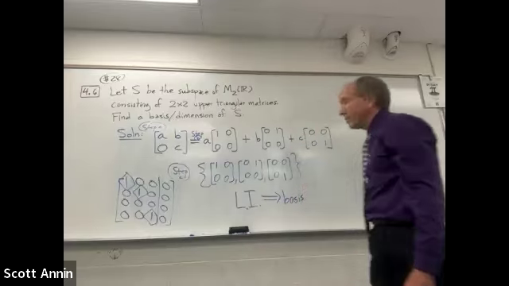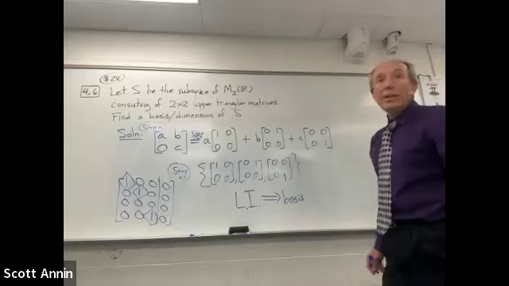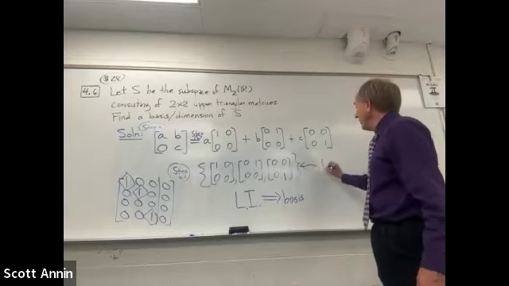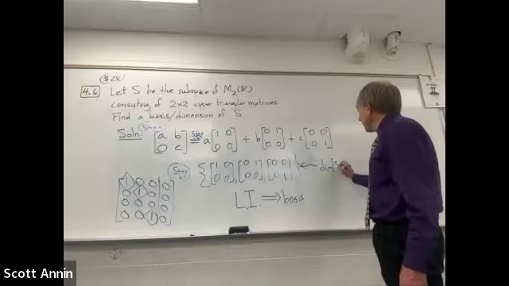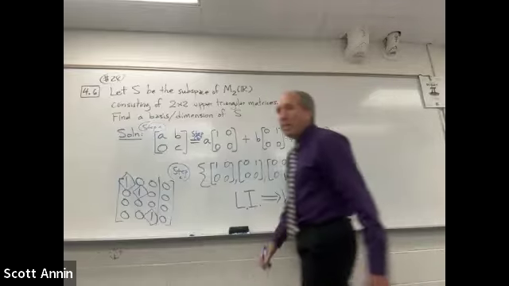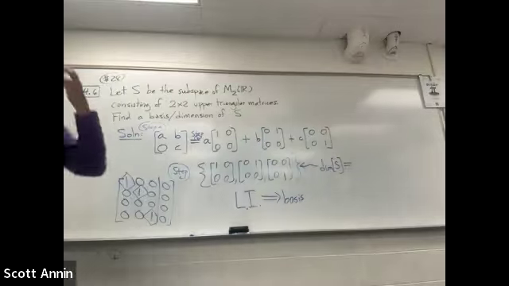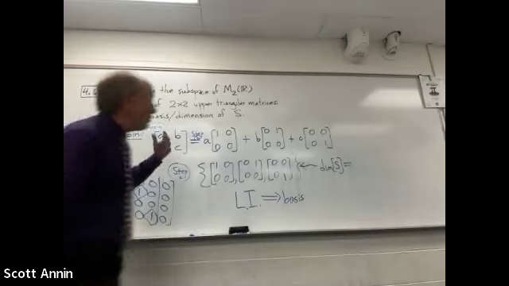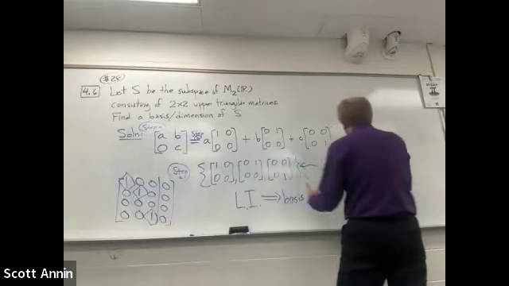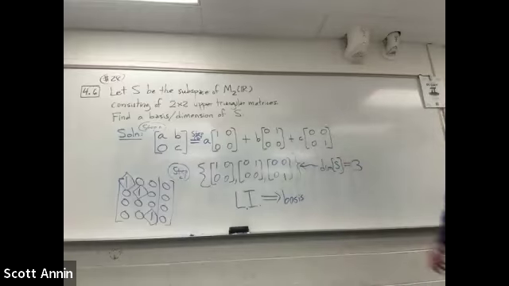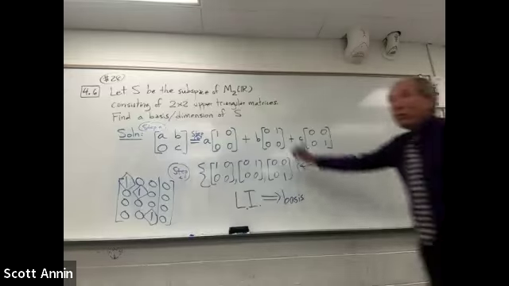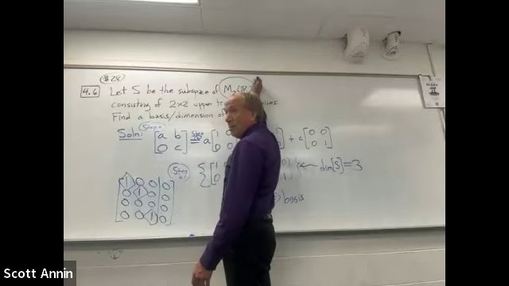And once you know that that is a basis, guys, you are basically there, because the dimension of anything is just how many vectors are in that basis. And you can count them, 1, 2, 3 right here.